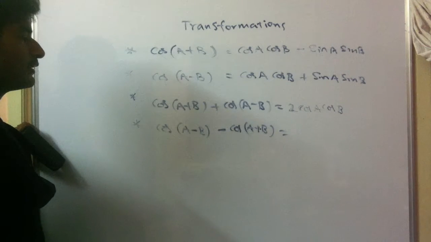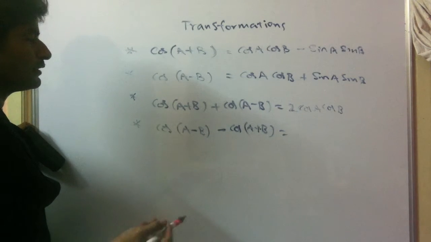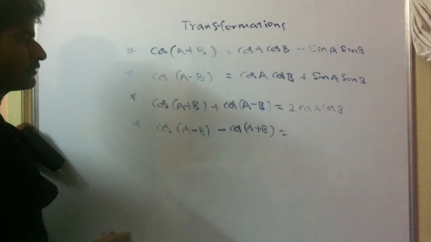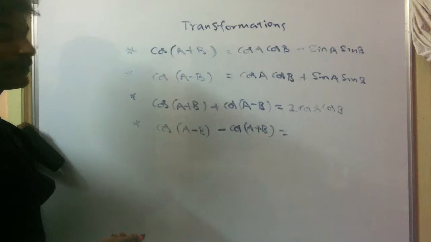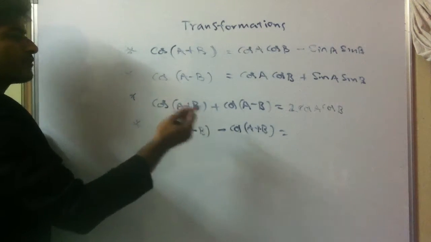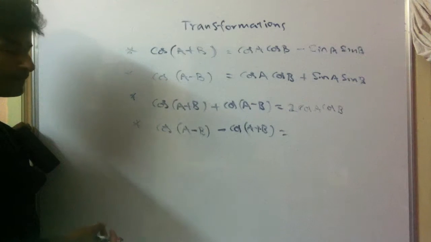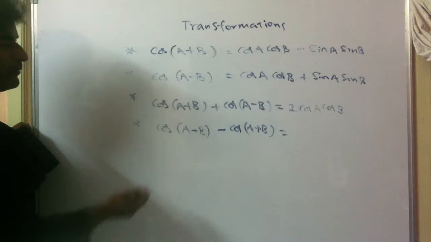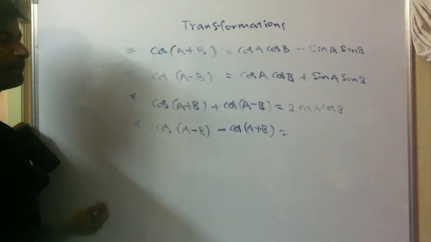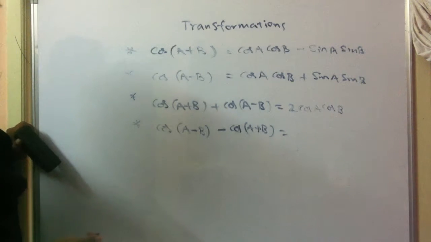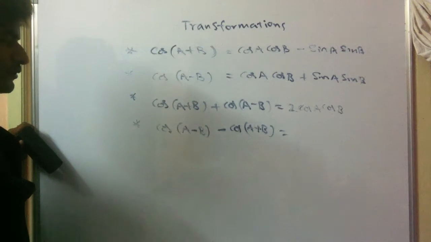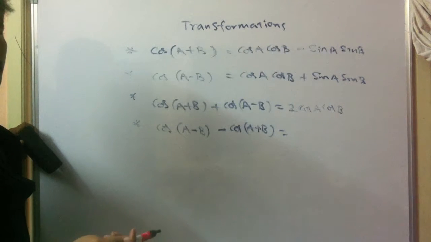So here it is a little different: we perform cos of a minus b minus cos of a plus b. Why? Because cos is a decreasing function: cos 0 is 1 and cos 90 is 0.